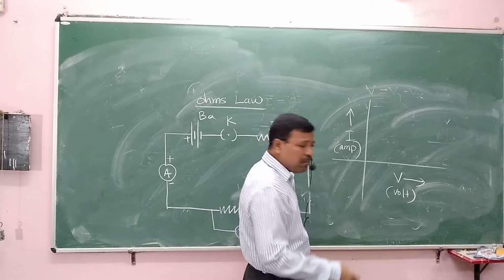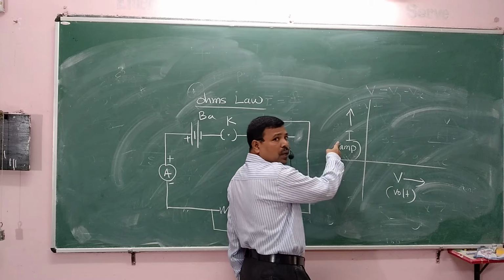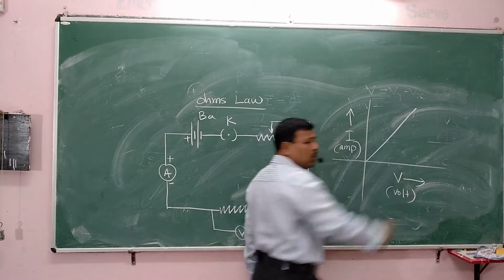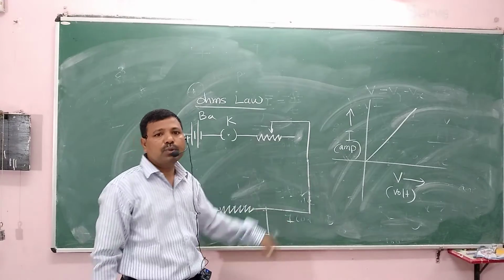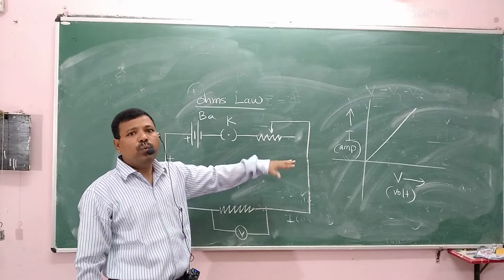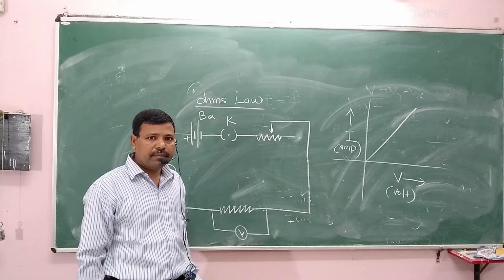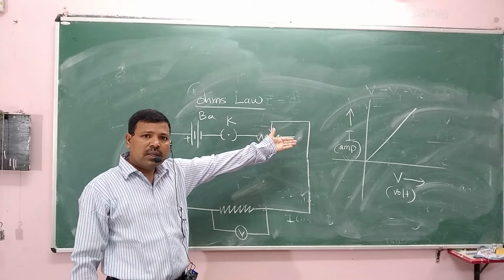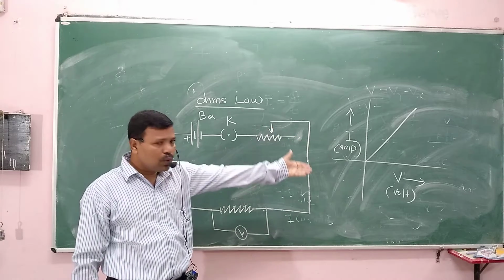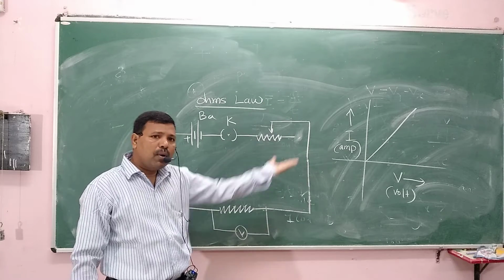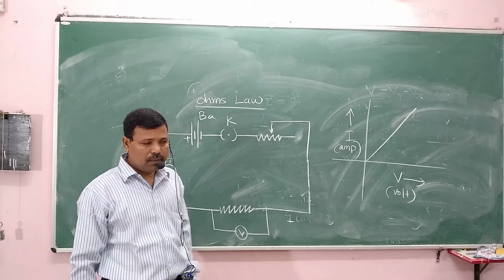They are directly proportional. Whenever two quantities are directly proportional, there will be a straight line passing through the origin. It indicates that V is proportional to I.